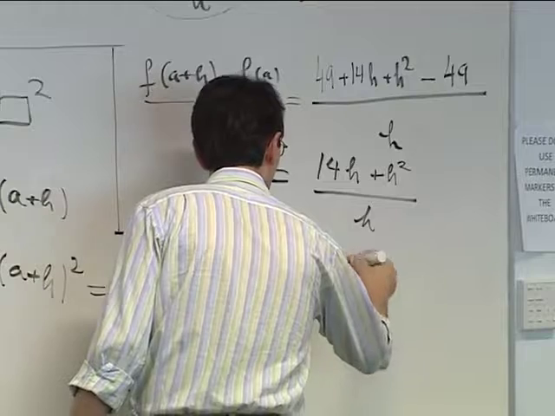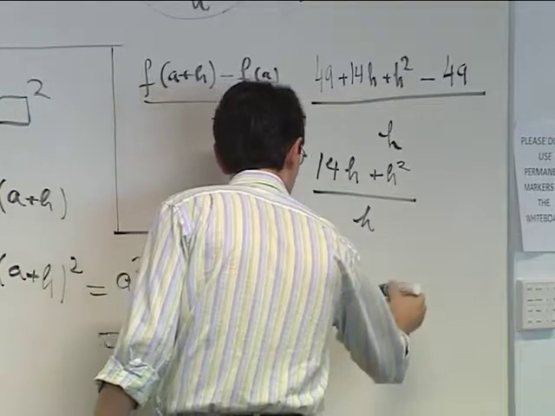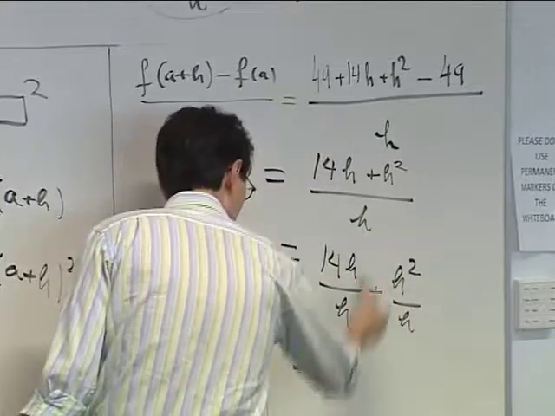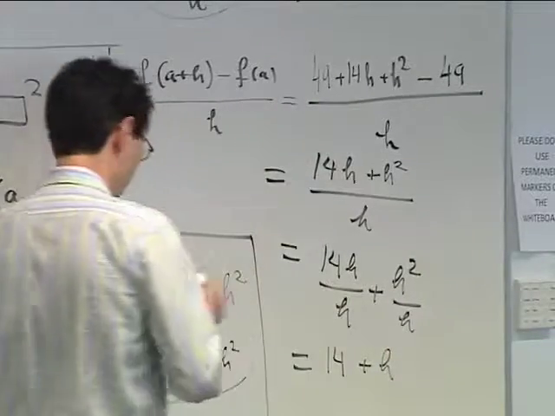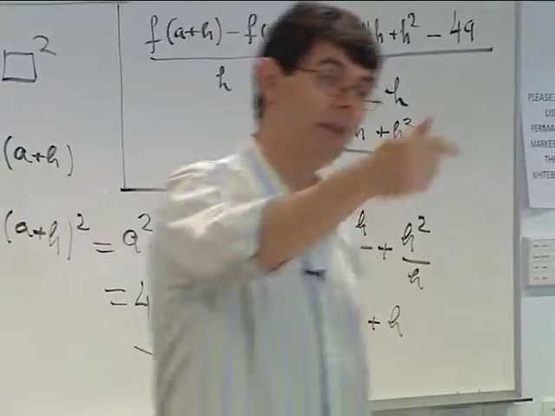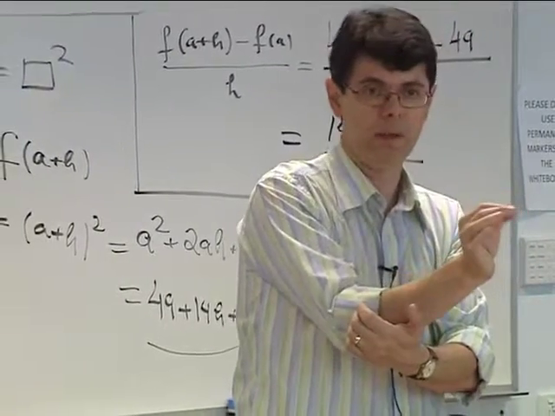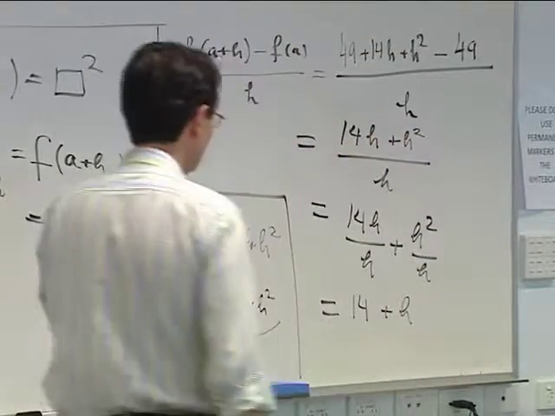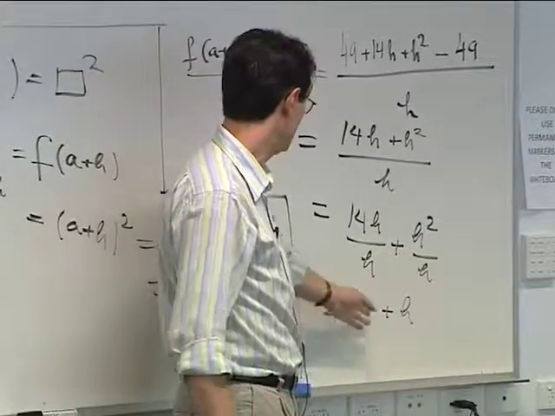This is 14h divided by h plus h squared divided by h. Now simplify. This is 14 plus h. Why can you simplify? Because if you remember the limit, the h gets close to 0, but it's never equal to 0. And if it is not equal to 0, you can cancel these guys. So there you go. It's 14 plus h.